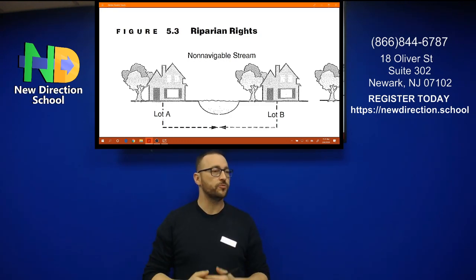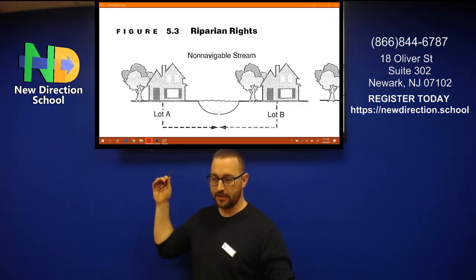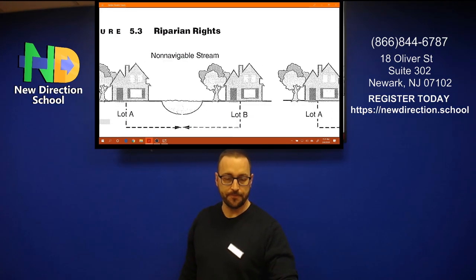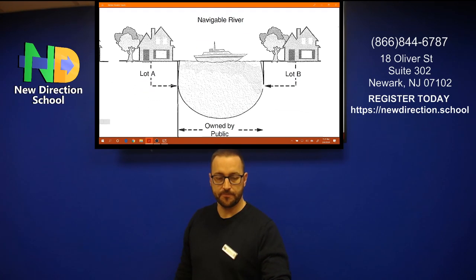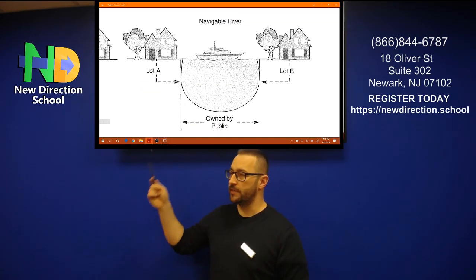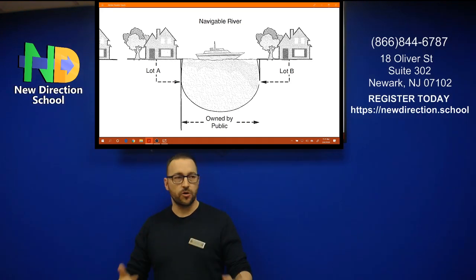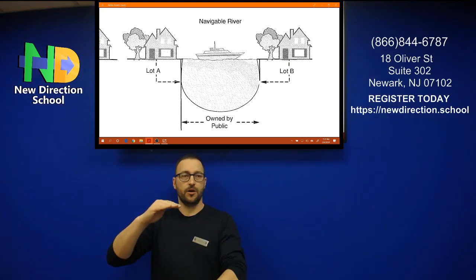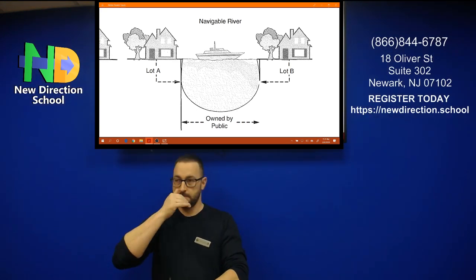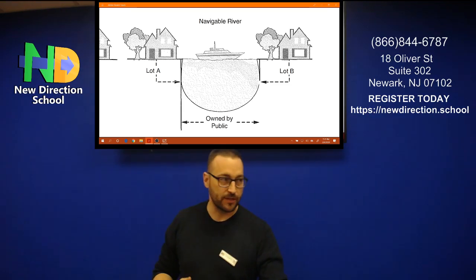That means no boat can go through it. Before I go back to this, let me show you a navigable river. As you can see, it's owned by the public because commercial or public boats can go through. The bed is very low. You guys got it? Yes? All right, so let's look at the difference.